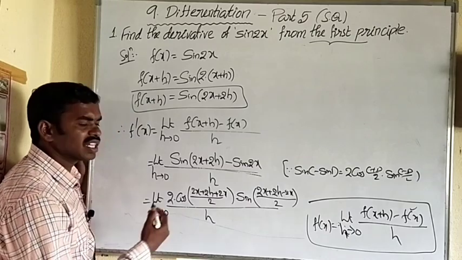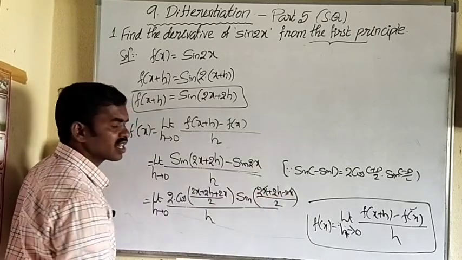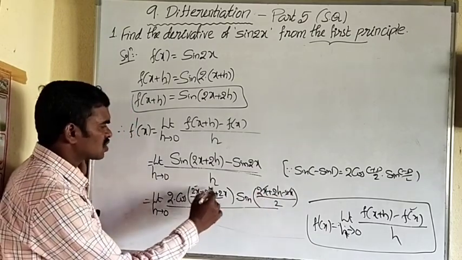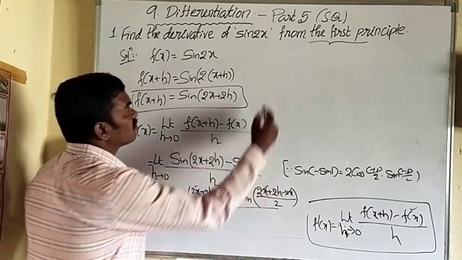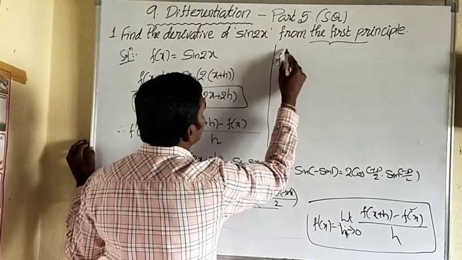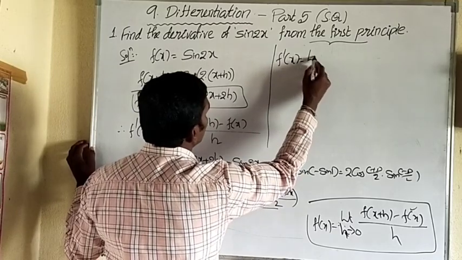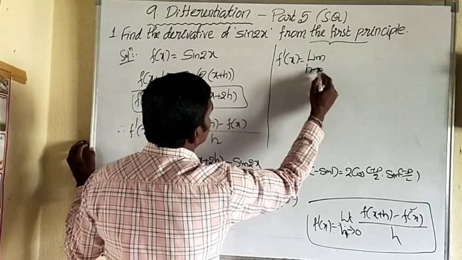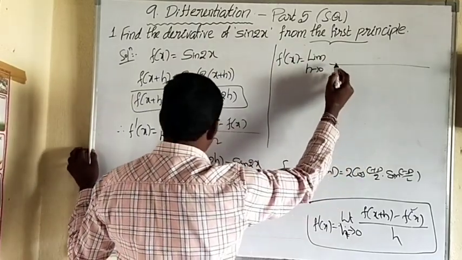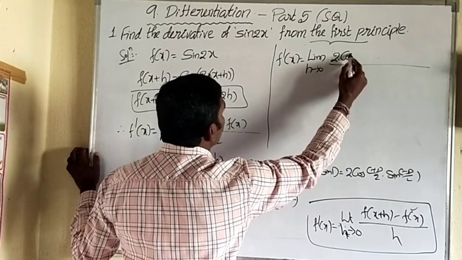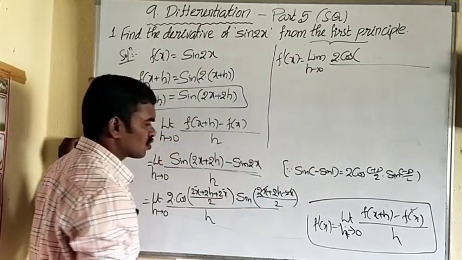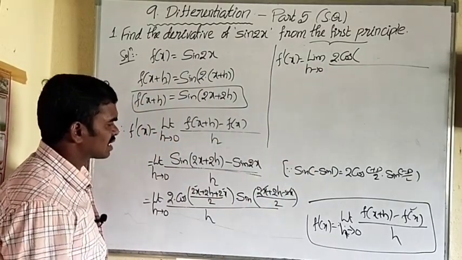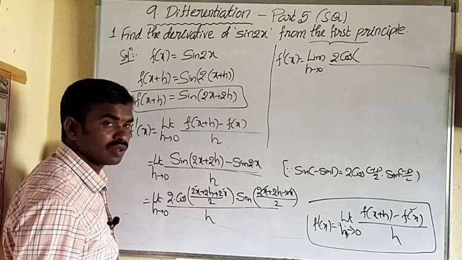Simplifying, the 2x and minus 2x cancel, and 2x plus 2x becomes 4x. So f dash of x is equal to limit h tends to 0 of 2 into cos of 4x plus 2h by 2.